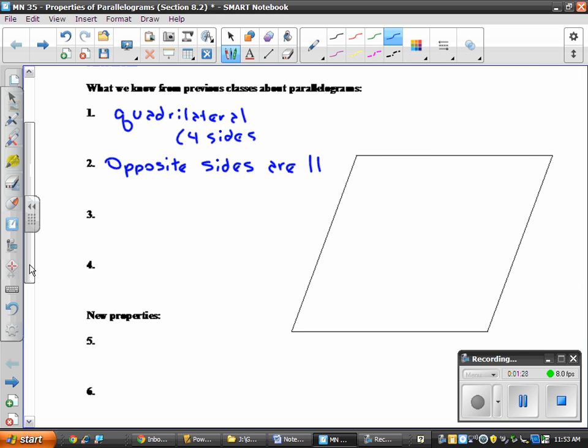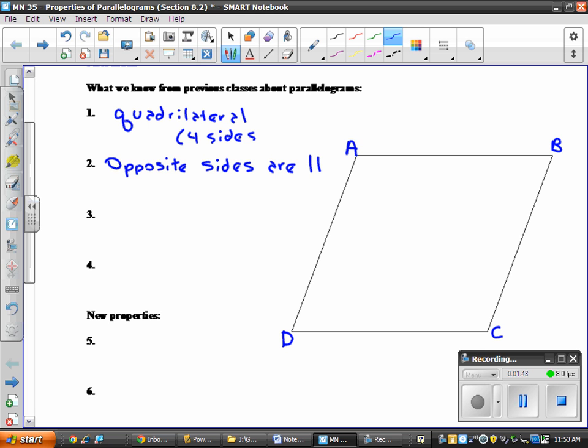So just to get a little bit more technical, because clearly this is a little bit higher level geometry than you've seen before, I'm going to label these vertices of this parallelogram A, B, C, and D. And so if we say that opposite sides are parallel, I'm going to actually list the sides that are parallel.